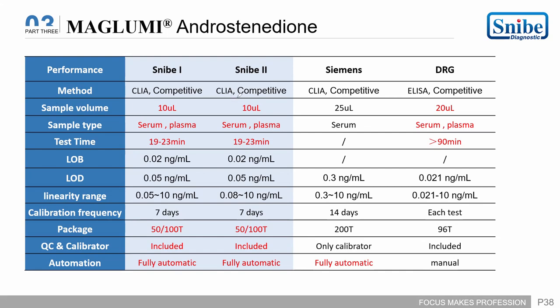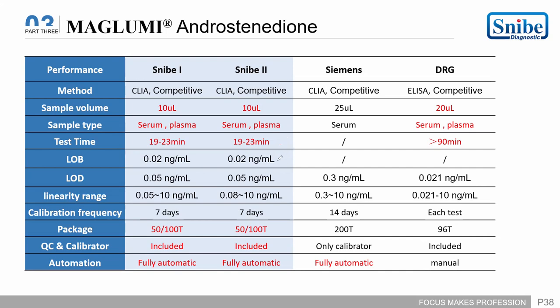We have a chemiluminescence immunoassay technique, while DRG is a manual ELISA based technique, but they have androstenedione in their menu portfolio. We need just 10 microliter sample aspiration as compared to the automated androstenedione available on automation. Our test duration is 19 to 23 minutes as compared to DRG and Siemens, which may have different times, but I'm sure they are higher than the SNIBE assay time.